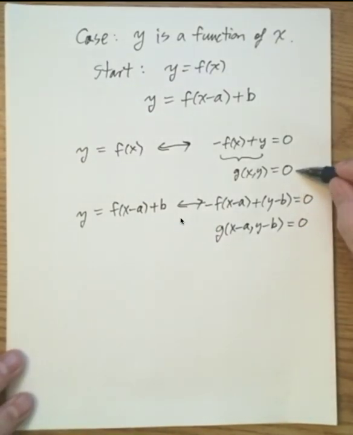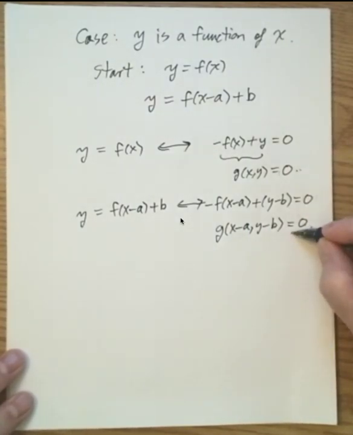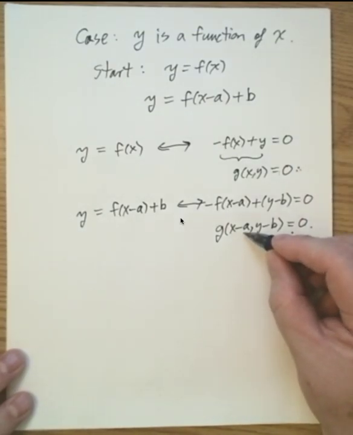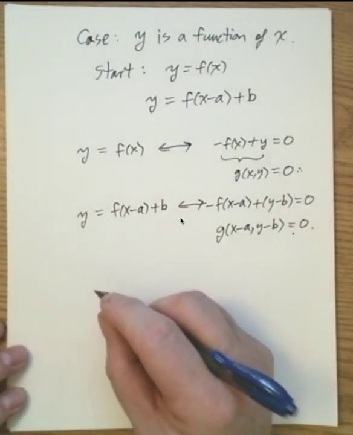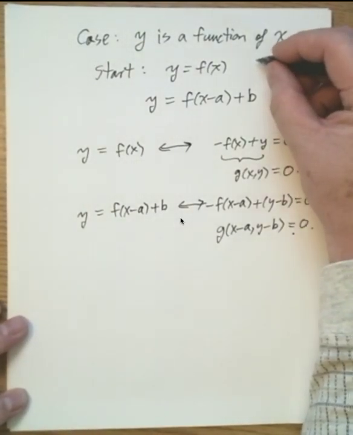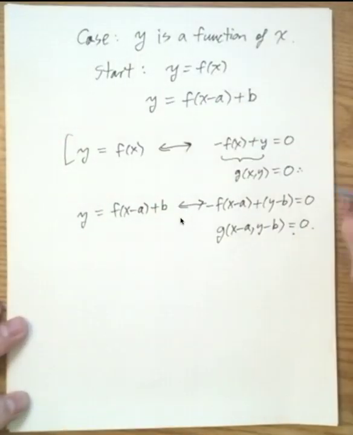Well, wait, how do these two compare? These are the same constants on this side, right? So this is a very specific instance of what we've seen already. How do these two compare? Well, this guy would be what? This guy shifted a units in the x direction and b units in the y direction. So it's going to be the same here.